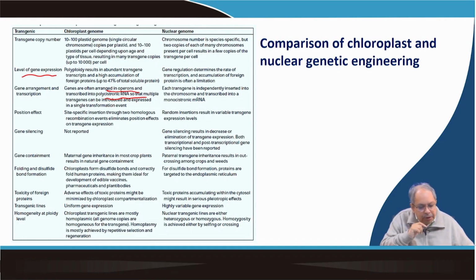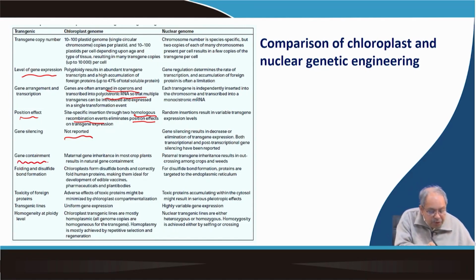Another important point is position effect. In the plastid, recombination usually happens through homologous recombination, and that eliminates position effects, whereas in the nuclear genome, that is the problem. Now, gene silencing is not at all found in plastid transformation, whereas in nuclear transformation there is a possibility of gene silencing.